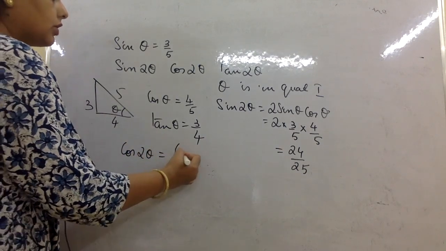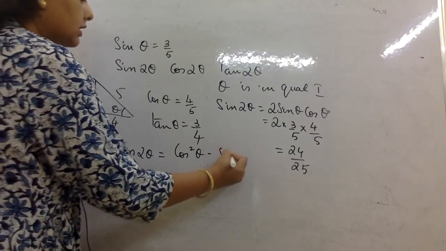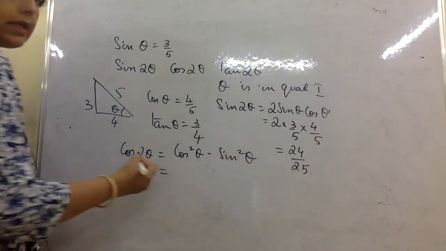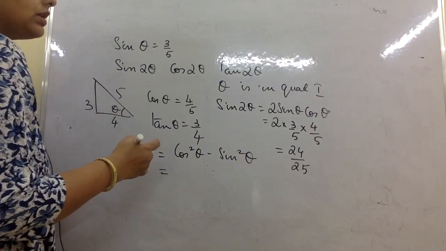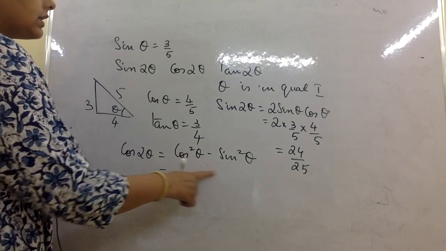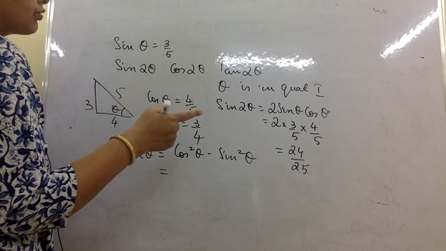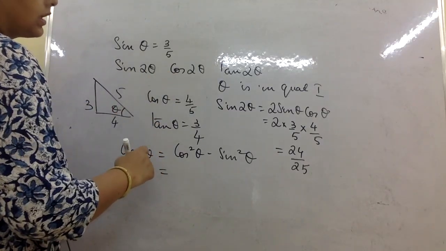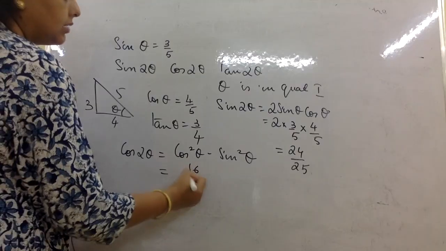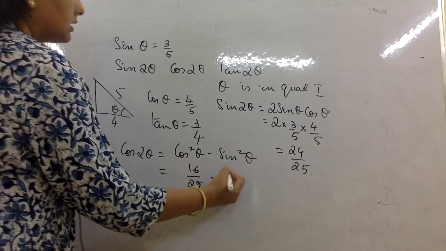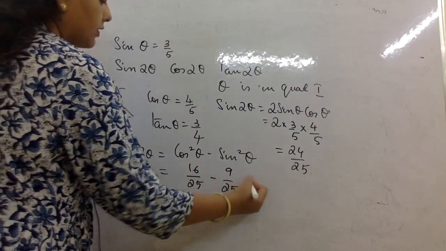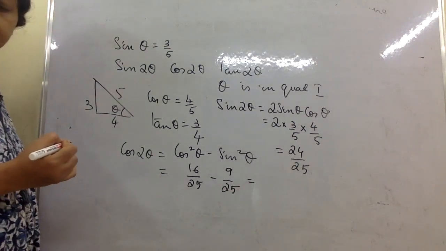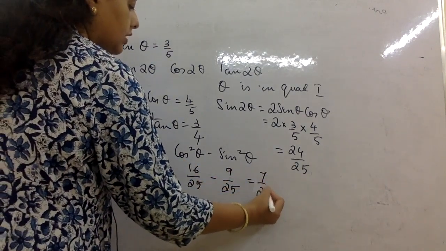Straight away go for cos square theta minus sine square theta, and that is 16 by 25 minus 9 by 25, and that comes to 7 by 25.